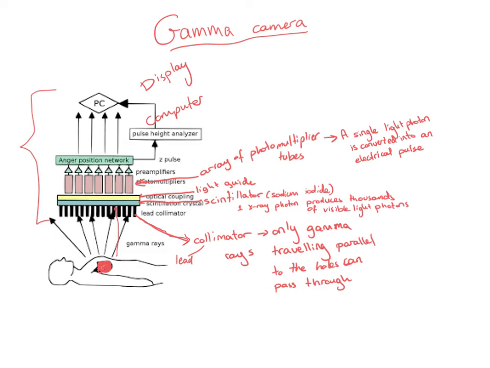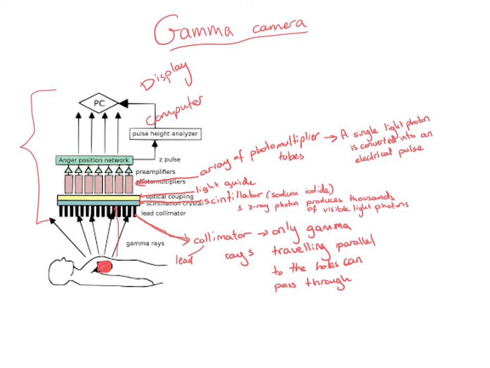In other words, what happens in the photomultiplier is that a single light photon that hits the photocathode will produce a photoelectron, and that will create a potential difference which will accelerate the electron that was formed from that light, and that will give more secondary electrons after it collides with another one, and so on and so forth. But we don't need to know that much detail. It's more about what happens after it.